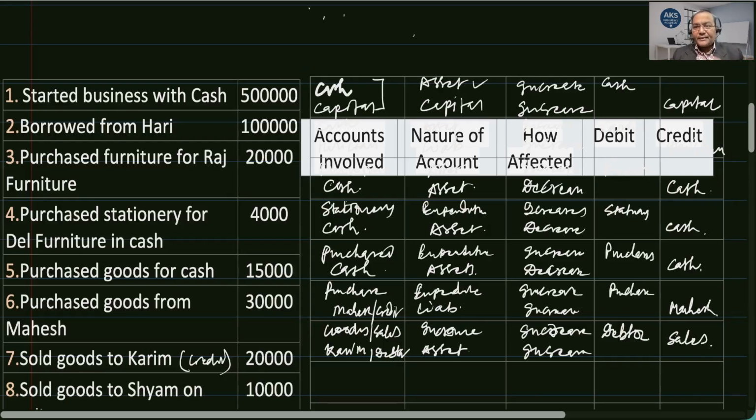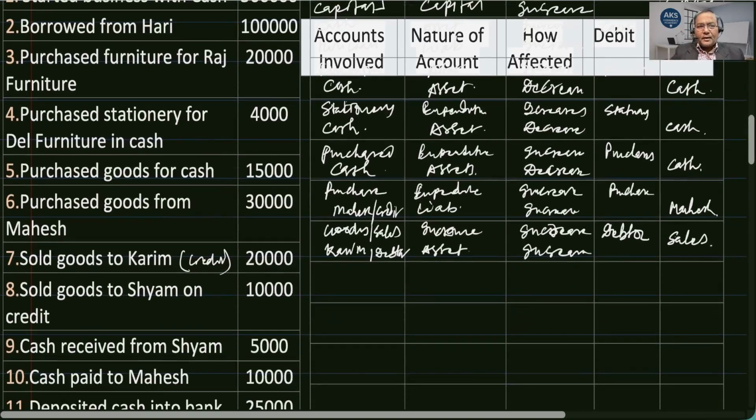When we are selling, revenue is getting generated, so there is an increase in income. Any transaction which results in an increase in revenue, that particular account is required to be credited. So we have credited sales, and there is an increase in asset by the name of debtor, so we have debited debtor.